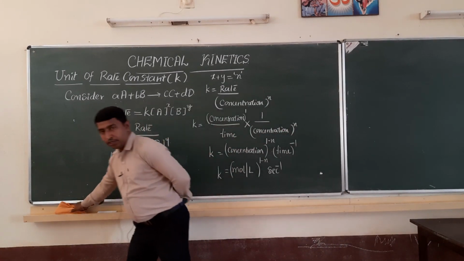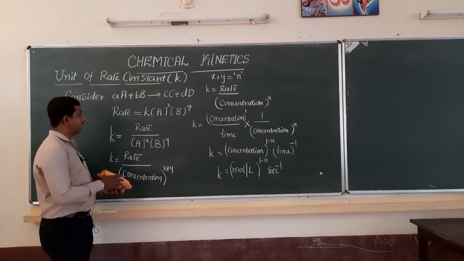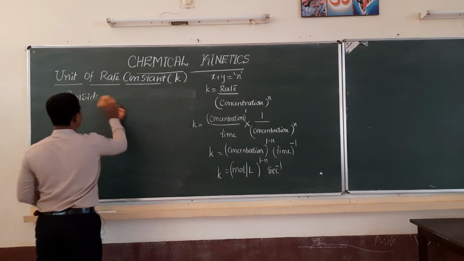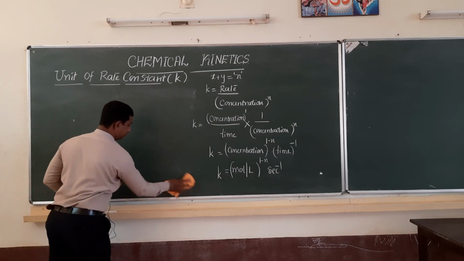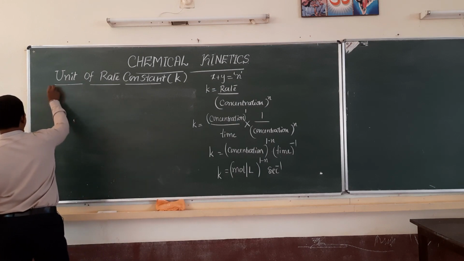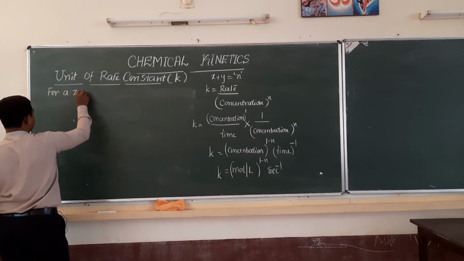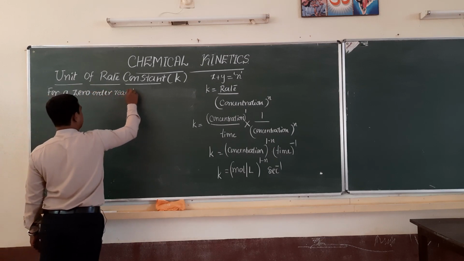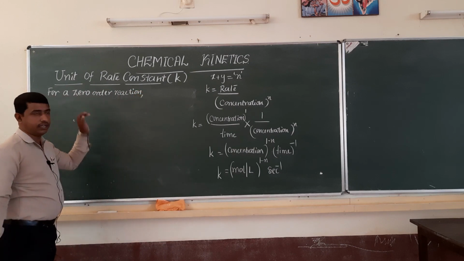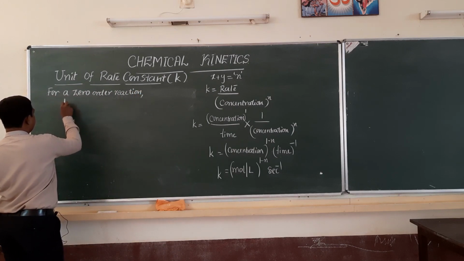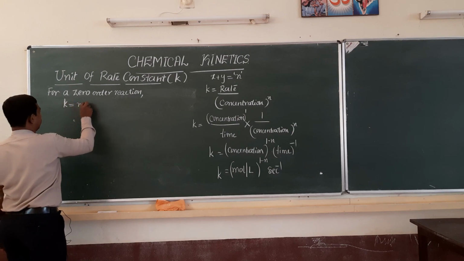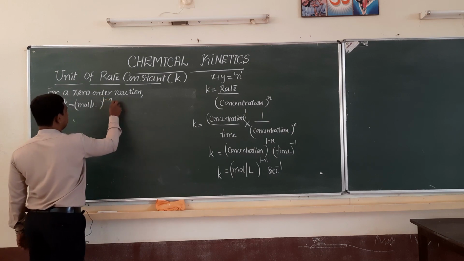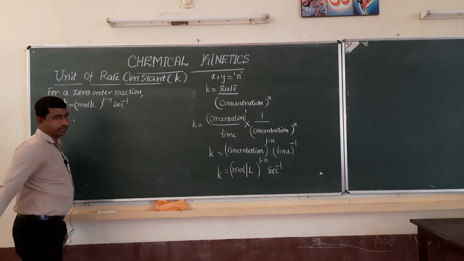First, for a zero order reaction, rate constant K is equal to mole per liter power 1 minus n, second power minus 1.